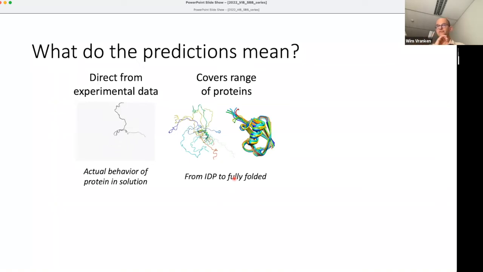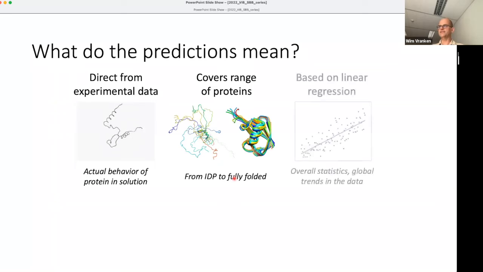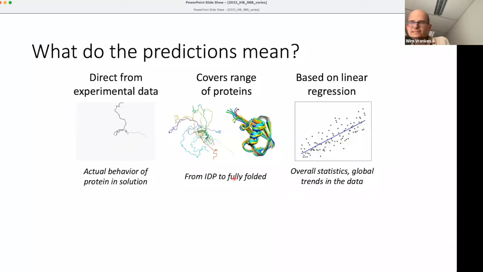So you have not only folded proteins, you also have IDPs in the data set because you can record chemical shifts for those. So it covers a wider range of protein behavior than what you get if you only use the PDB essentially. The third thing, which is more methodological, is that it is based on linear regression. So you extract overall statistics, so global trends essentially, in the data.